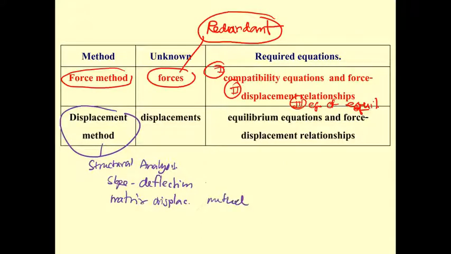Okay, we're going to take this in the next subject. For the displacement method, we use the displacement as the unknown, and then we first use this, and then second we use the compatibility condition. Okay, and third we use the force displacement relationship to solve the problem.